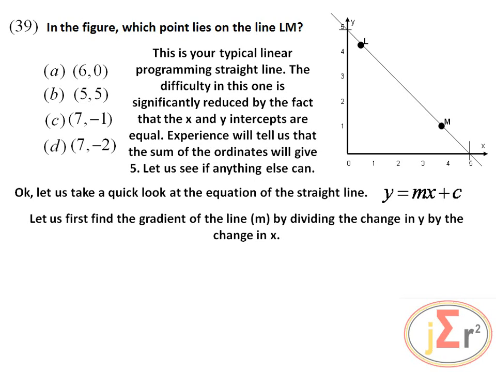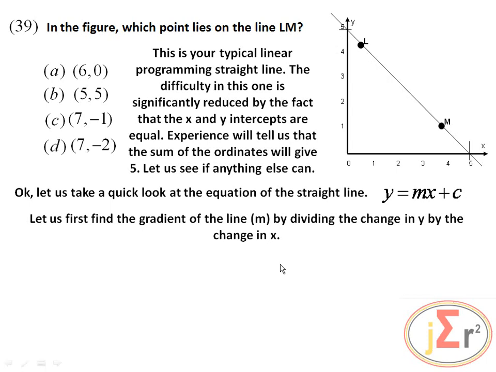Because this is a typical linear programming problem, we need not go through all of this. But maybe someone in the examination could not quite recognize that because it crosses at 5 here and 5 there, the equation of the line should be x plus y is equal to 5. We are therefore taking the necessary step to determine the equation of the straight line.